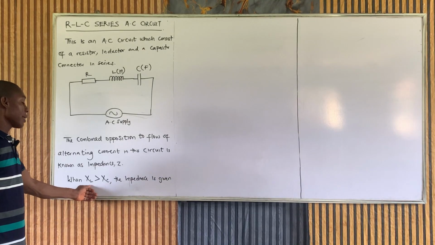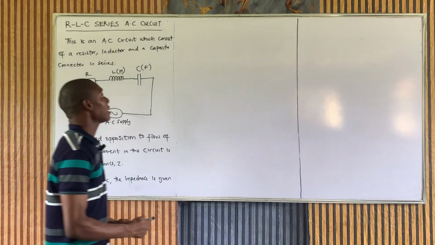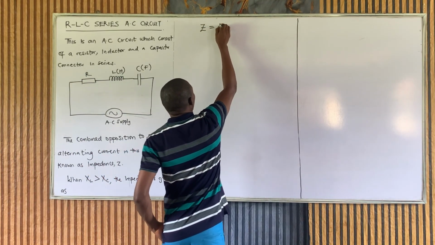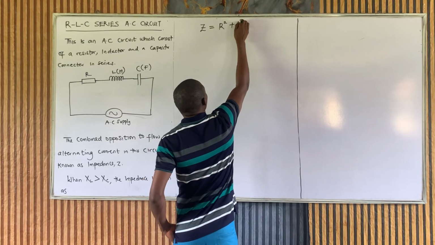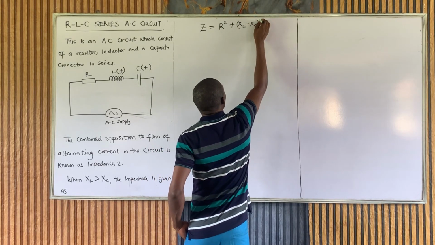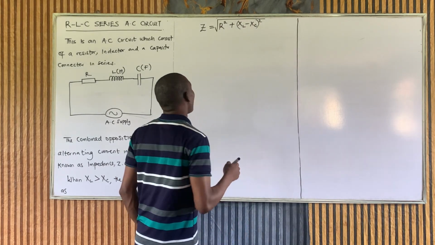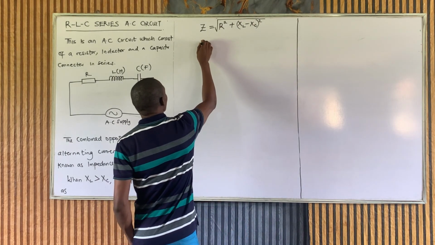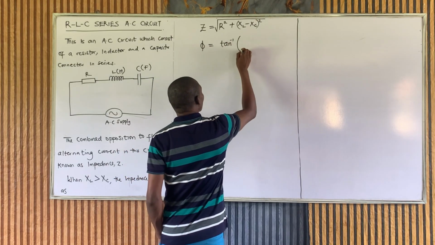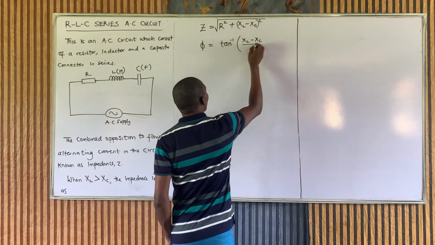If the inductive reactance is greater than the capacitive reactance, then the impedance will be given as the square root of R squared plus (XL minus XC) all squared. And then the phase angle will be tan inverse of (XL minus XC) over R.